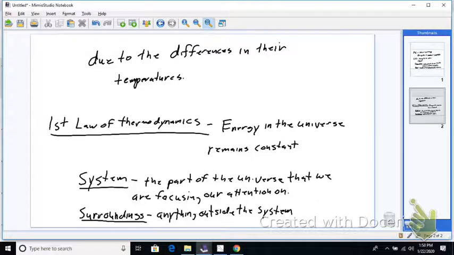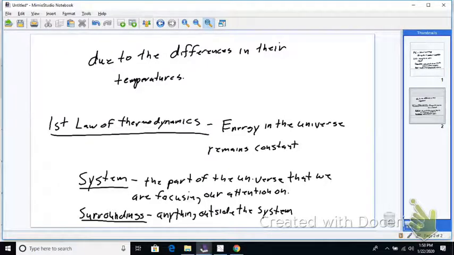System, surroundings. We look at the system, okay? The surroundings is everything else. It's very important that you understand the difference between the system and the surroundings, because it can help you be successful to understand the difference between endothermic process and exothermic process.